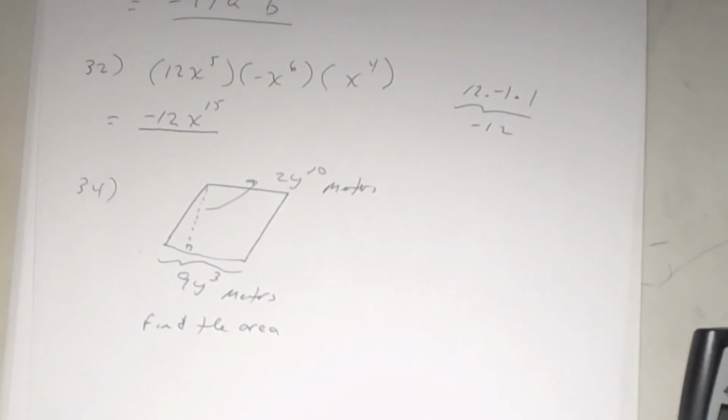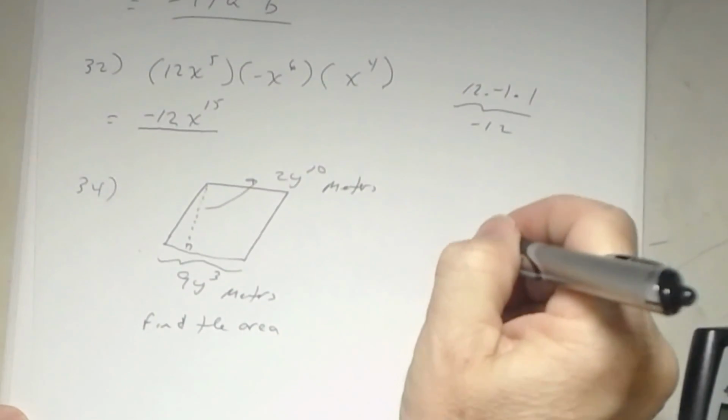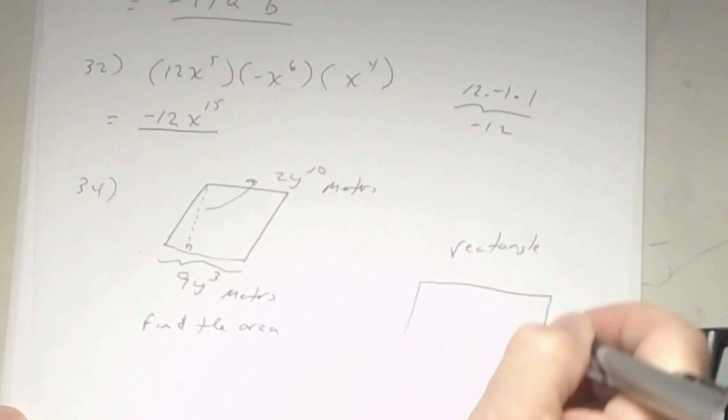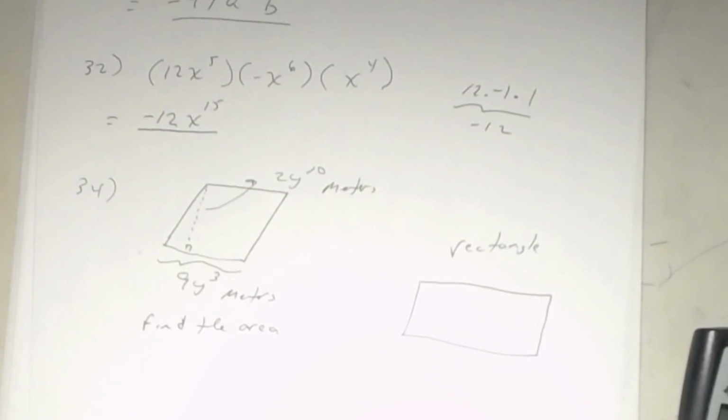All right. So now remember, if this was a rectangle, what's the formula for the area of a rectangle? Length times width, or width times length.